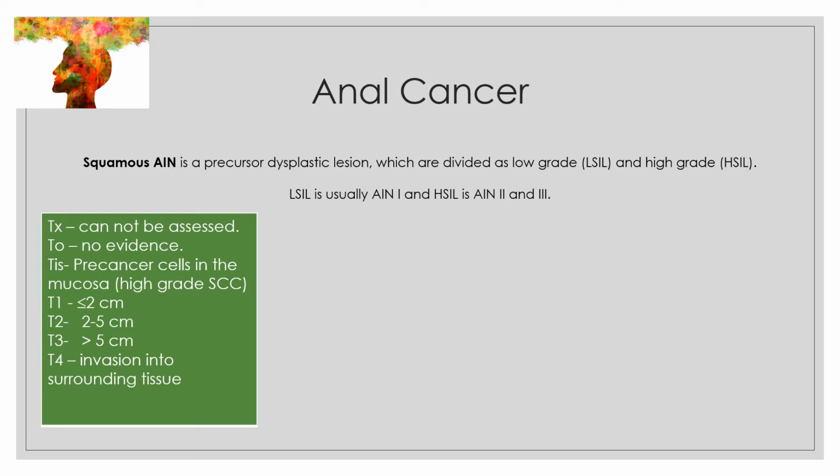Anal cancer can be divided as per the TNM classification, where TX you cannot assess, T0 there is no evidence, Tis precancerous cells in the mucosa, which is equivalent to high grade AIN, T1 less than 2 cm, T2 2 to 5 cm, T3 more than 5 cm, and T4 means irrespective of the tumor size, if it's invading the surrounding organs, it's a T4 tumor.